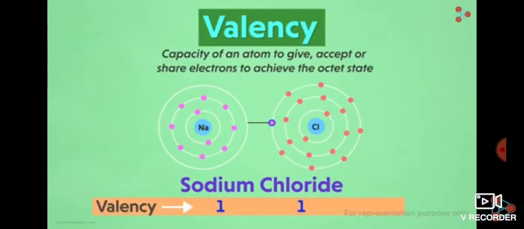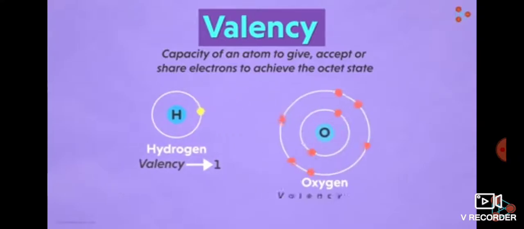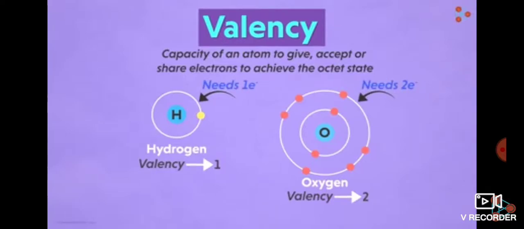Does this mean that only elements having the same valency always combine together to form a bond? Not really. Just take the simple example of a water molecule. We have seen that the valency of hydrogen is 1 while that of oxygen is 2. Here, hydrogen needs 1 electron while oxygen needs 2 electrons. Both need electrons.